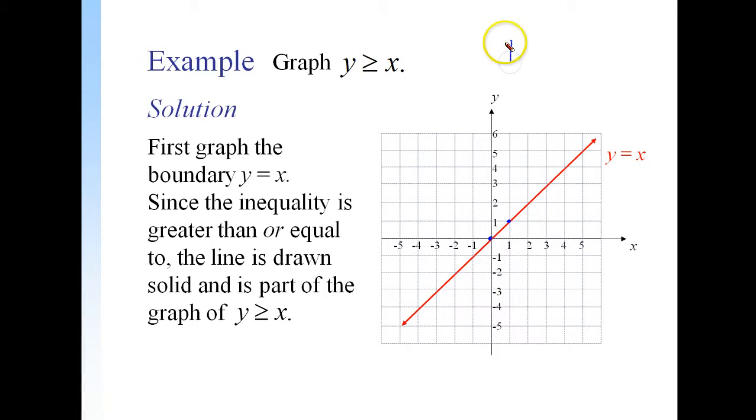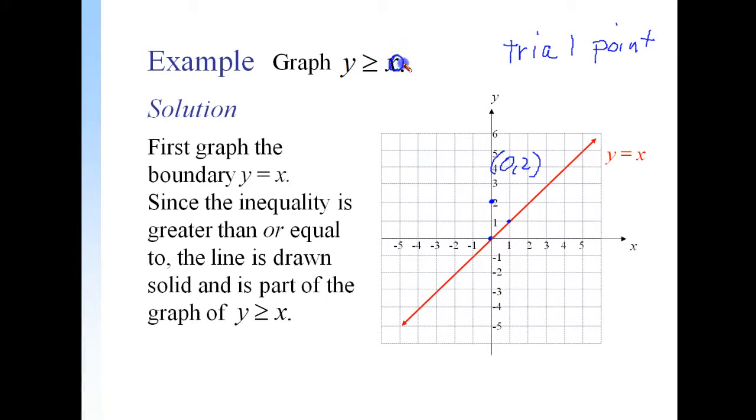It's where y is greater. And we're going to do what is called a test point or a trial point. The point I'm going to choose is (0, 2). Now we're going to put that into that inequality and see if that's a true statement.